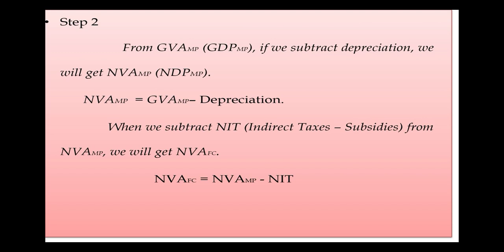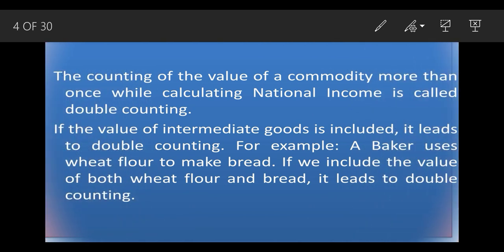So with these steps, we will find the net value added at factor cost, net value added at market price and NDP at market price. So these are 3-4 formulas which need to be revised for calculation of national income with value added method.